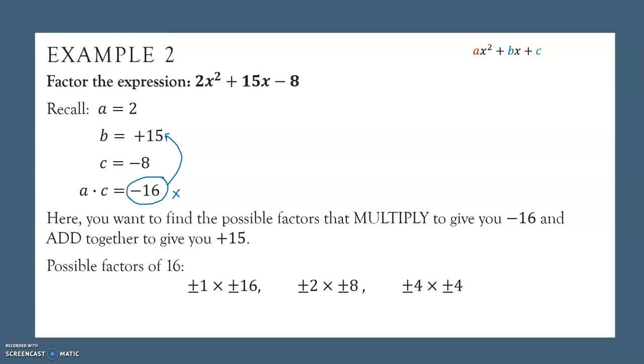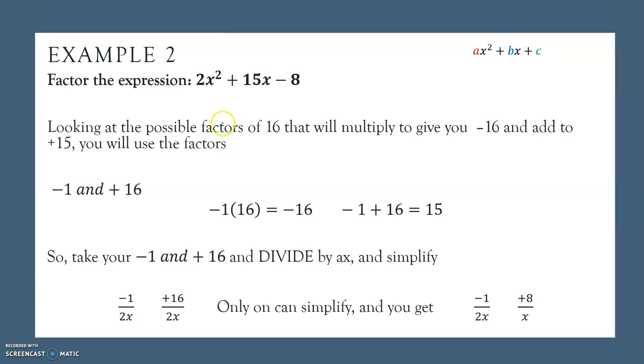Now notice our 16 is negative. That means we are going to be taking a product of a negative number and a positive number, and we need to make sure that the smaller number is going to be the negative number because we want the sum to be a positive solution. So the smaller number is going to be negative for the sum to be positive.